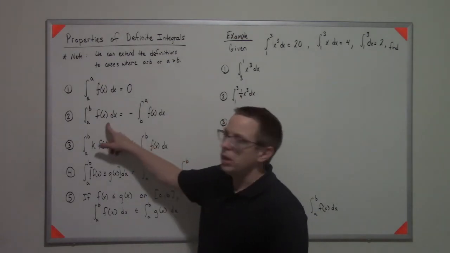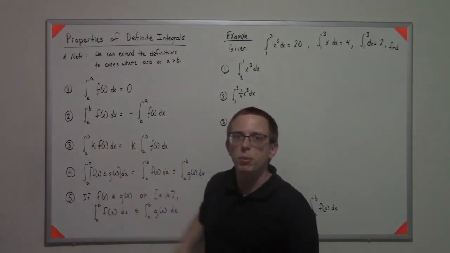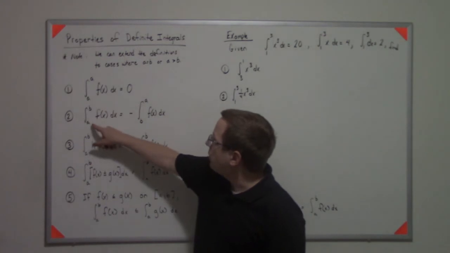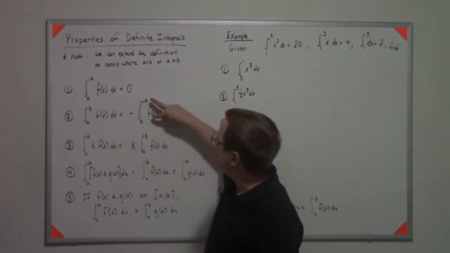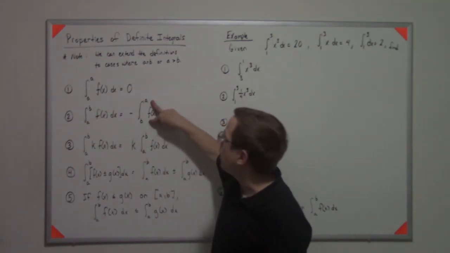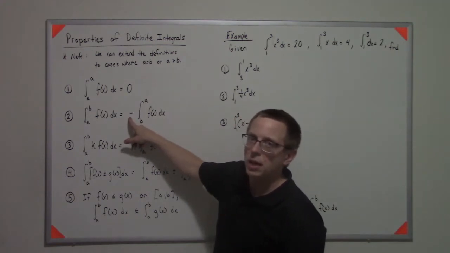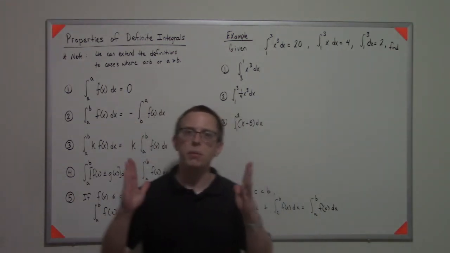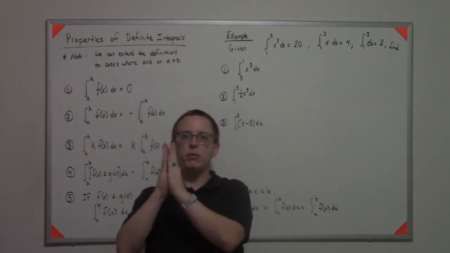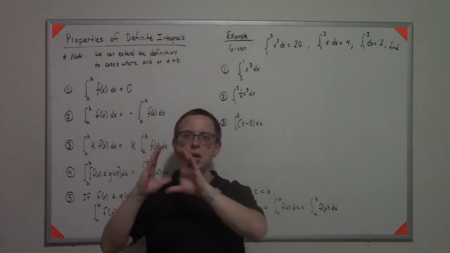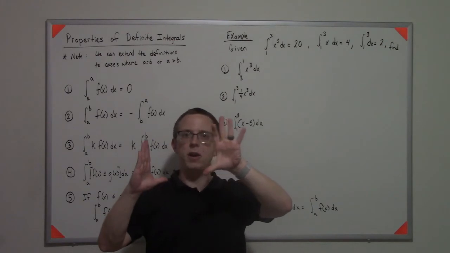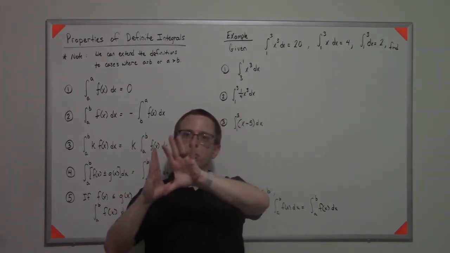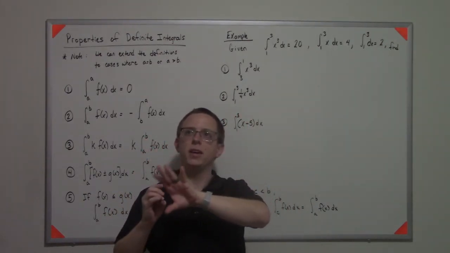The second one is probably a little more unintuitive. If you have a standard integral from a to b and you flip the limits of integration, you get a negative sign. Why is that? Think of it like interest in an account.